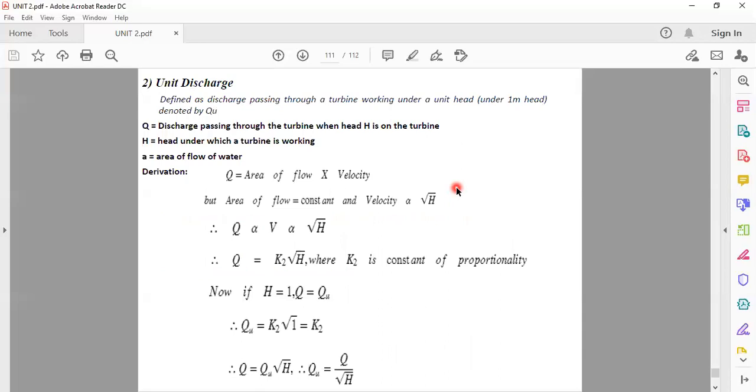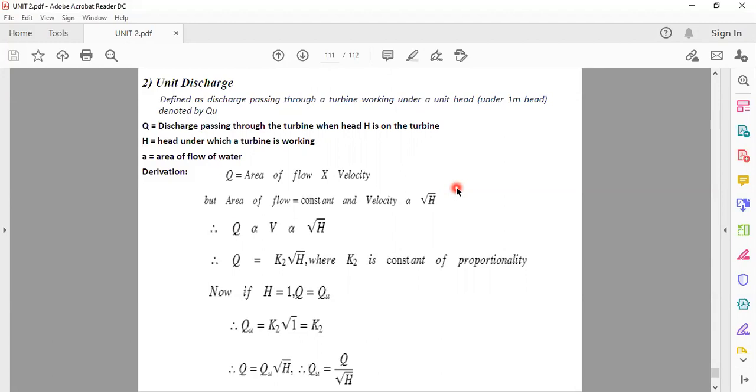Now unit discharge is defined as the discharge passing through a turbine working under unit head, denoted by Qu. Q is the discharge passing through the turbine when head H is on the turbine, A is the area of flow of water, and H is the head under which the turbine is working. So Q is the area of flow into velocity. But the area of flow is constant, so velocity is directly proportional to under root of H. So Q equal to K2 under root of H, where K2 is the constant of proportionality.